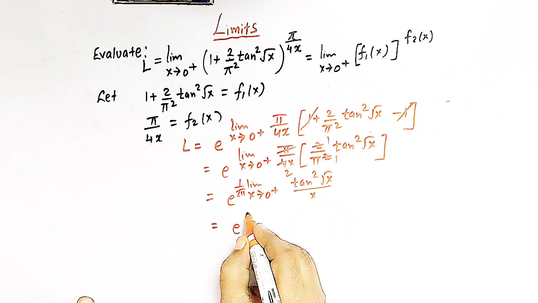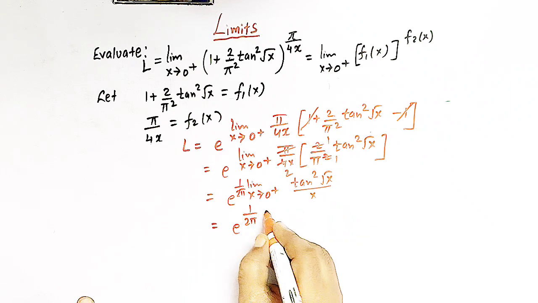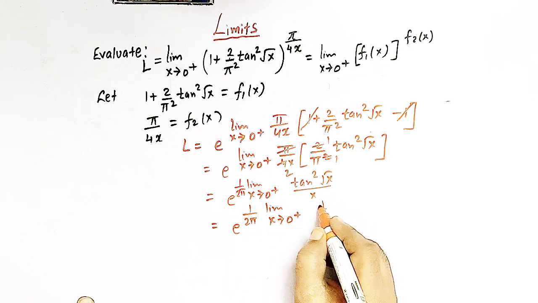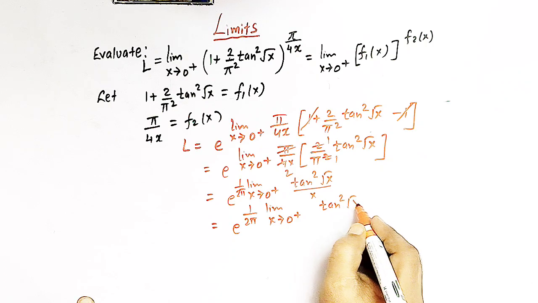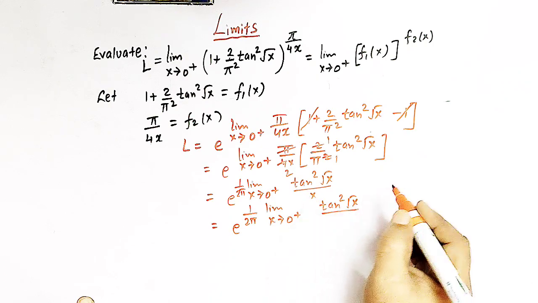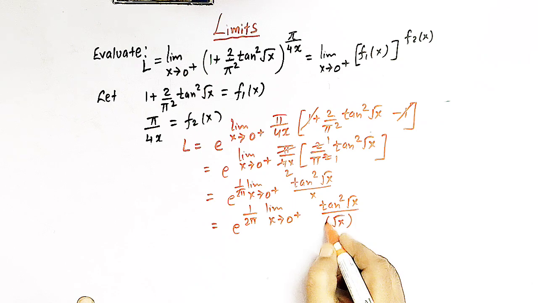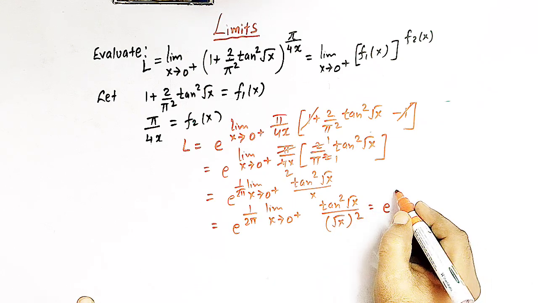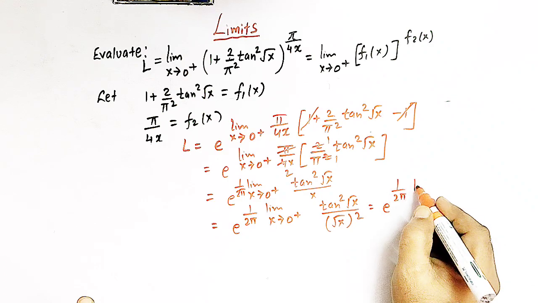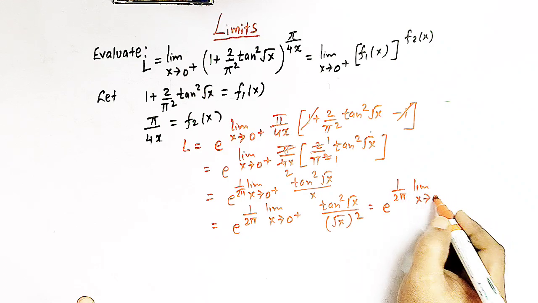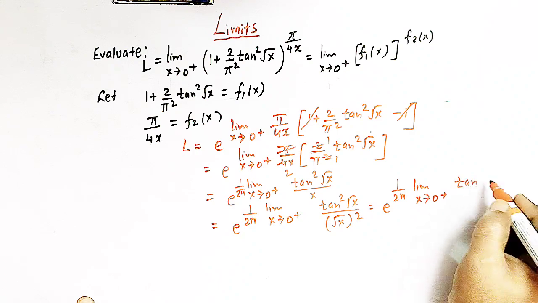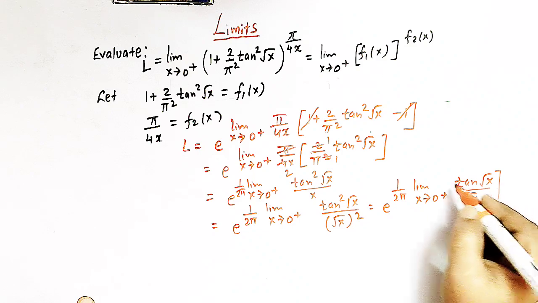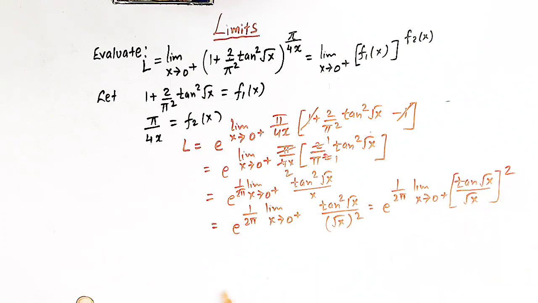So now we can write 1 over 2 pi limit x tends to 0, and tan square root x over this x, which can be written as the square of root x, right? So now we can write e raised to 1 over 2 pi limit x tends to 0, and here we can now write tan root x divided by root x, and we can take the whole square, right?